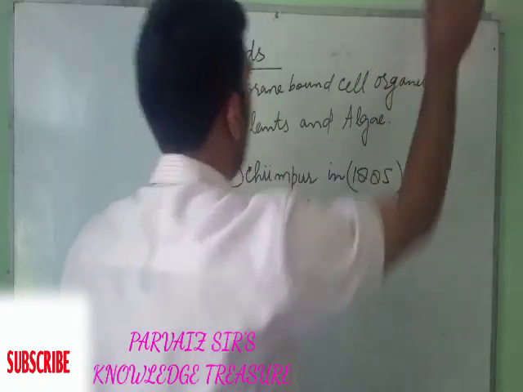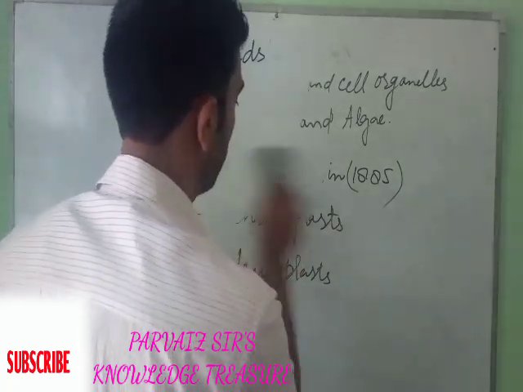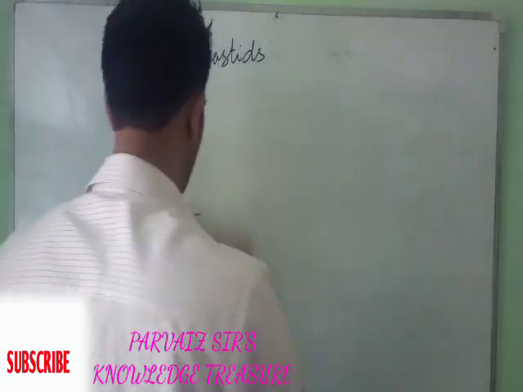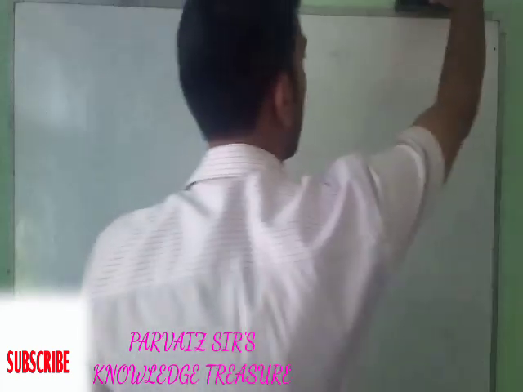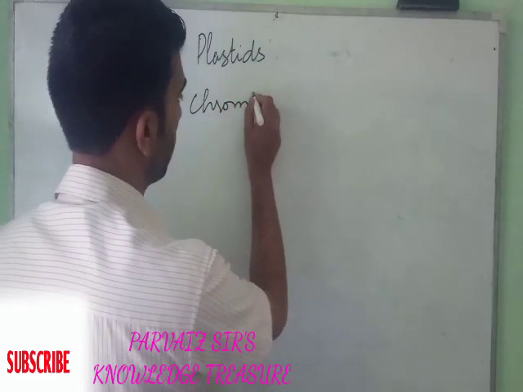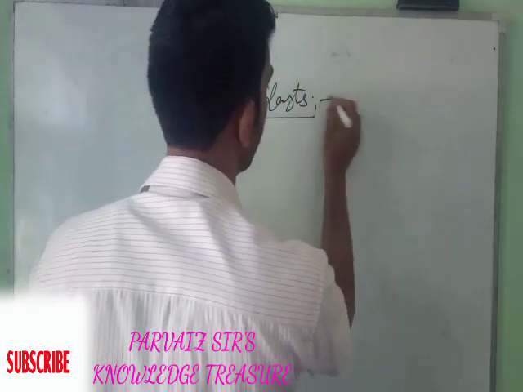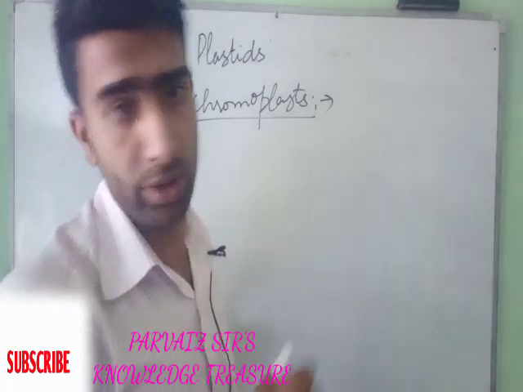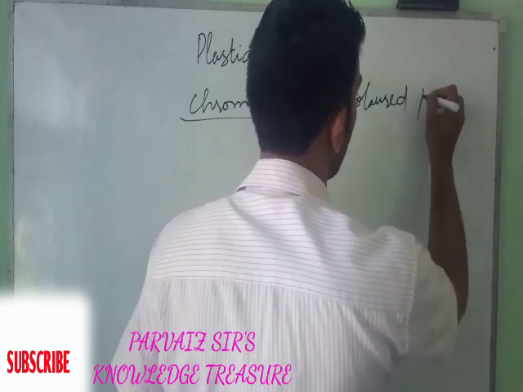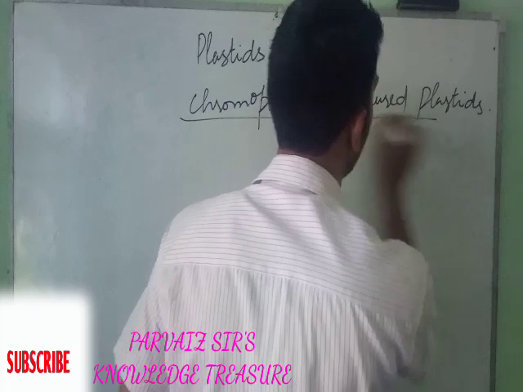Now we will talk about chromoplasts. Chromoplasts are colored plastids, that means they contain pigments.